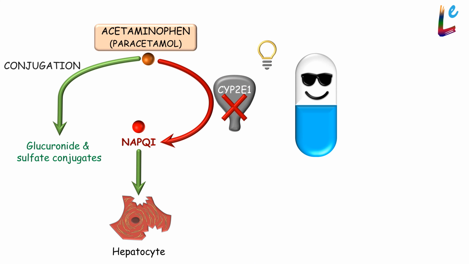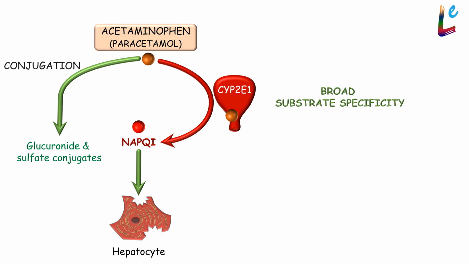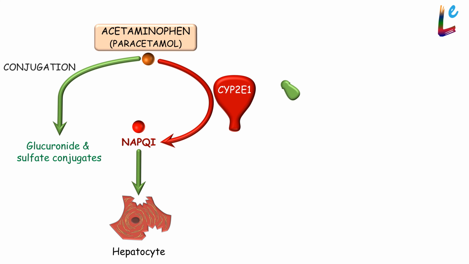Yes, it could. Due to broad substrate specificity, it is likely that CYP2E1 would metabolize other molecules too. And we do have a very familiar molecule that is metabolized by CYP2E1, ethanol or alcohol.